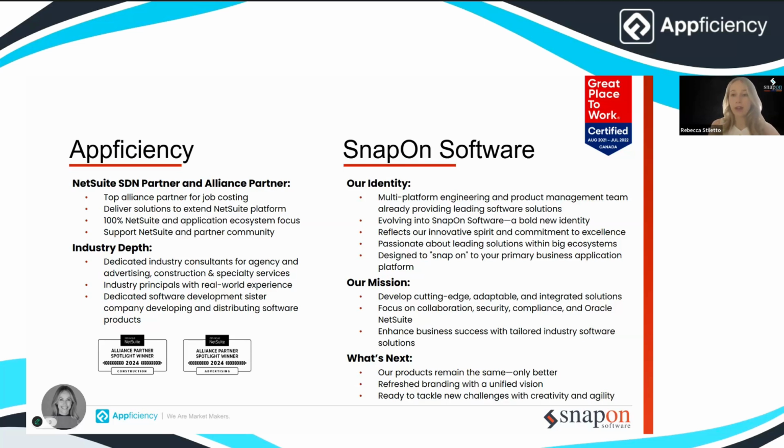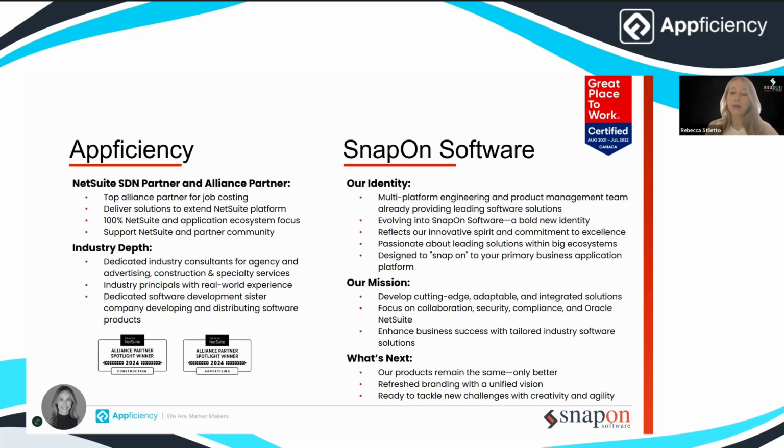Snap-on Software lives to deliver software. It's our new sister company focused on building scalable products. We've got a product roadmap on our website that's live. You can check that out and see where we're going with all of our products and features.